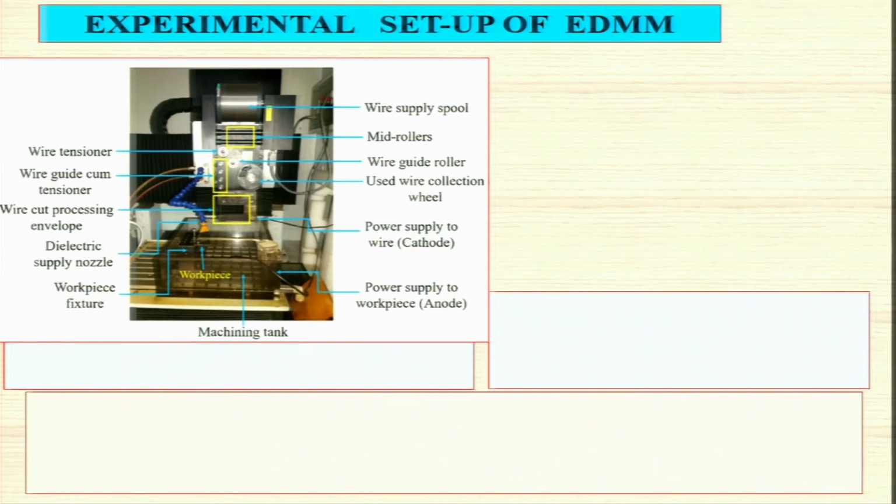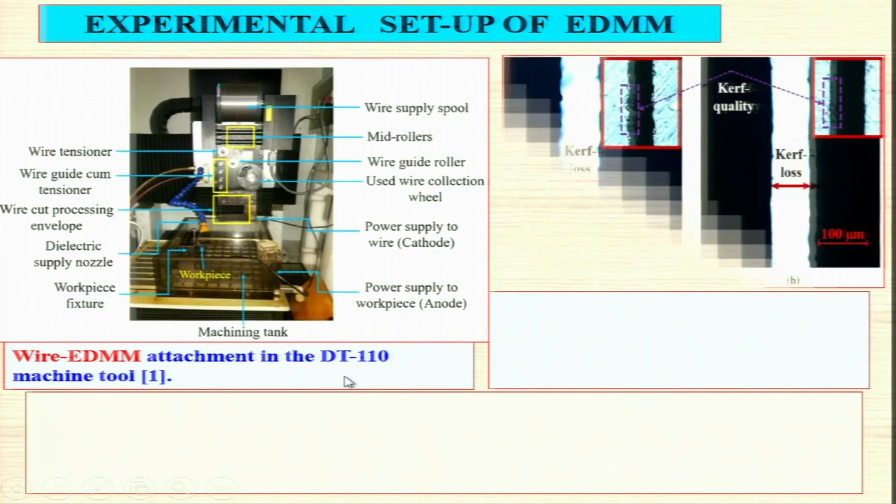And then you have the mid roller. And then finally here you have the wire supply spool that is shown over here. This is the wire electric discharge micromachining attachment in the DT110 machine tool. DT110 is the machine tool which is being supplied by the manufacturer.